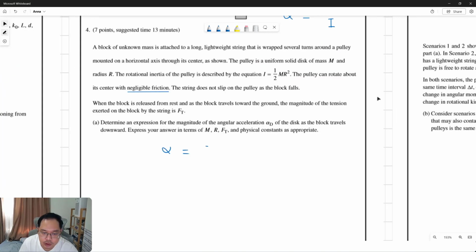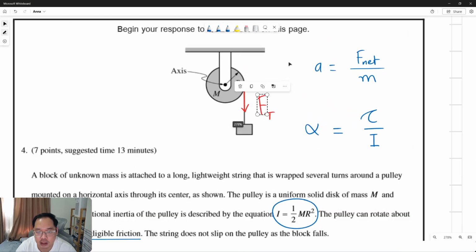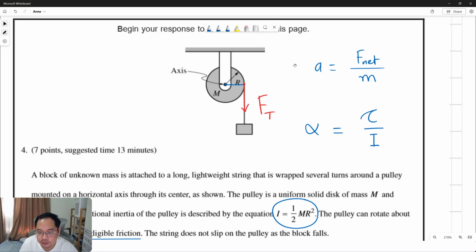Alpha is the torque divided by the moment of inertia. The moment of inertia I is given here, and the torque is determined by the force multiplied by the perpendicular distance r from the force to the axis of rotation. That perpendicular distance is drawn here from the axis of rotation to that force perpendicularly, like this.